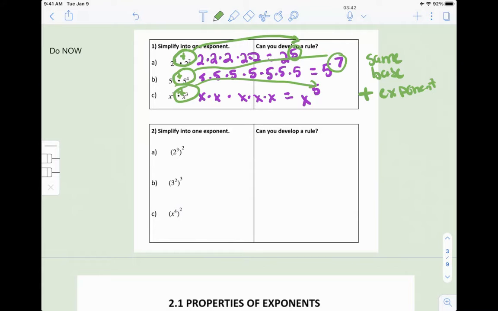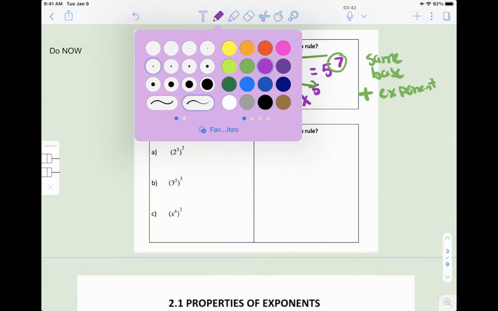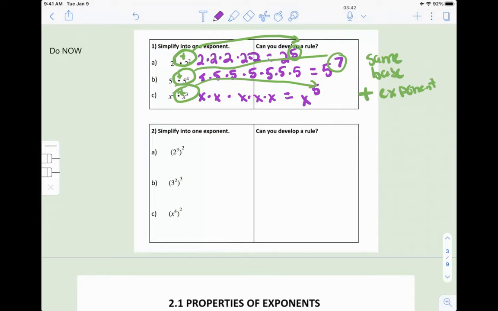All right, if we look at the second example, 2 cubed raised to the 2nd power, well, again, we're going to take our base, which is 2 cubed, and multiply it by itself 2 times.